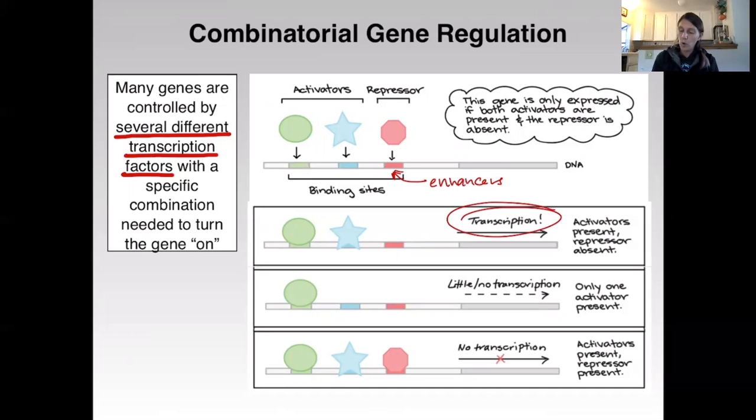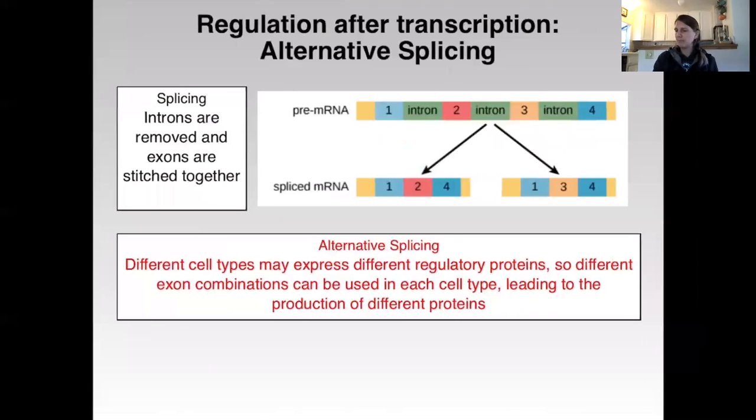If we have only one activator bound, we get very little, but some transcription. If we have the repressor bound, we get no transcription. So eukaryotic gene regulation at the transcriptional level is just really complicated. It can occur from very far away, and it can involve several different proteins binding to that DNA.